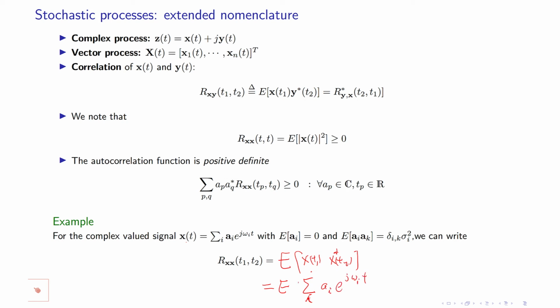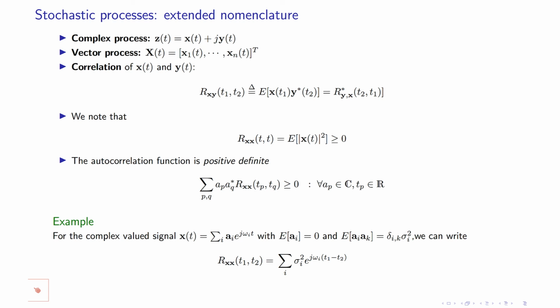For the second summation, I cannot use the same dummy variable, so I use, let's say, k, and then Ak e to the power of j omega k t2, and then I put a conjugate on it. This conjugate goes on top of Ak and also makes the exponent negative. And then you have a double sum, multiply them together and simplify it. If you simplify it, you'll get this expression.